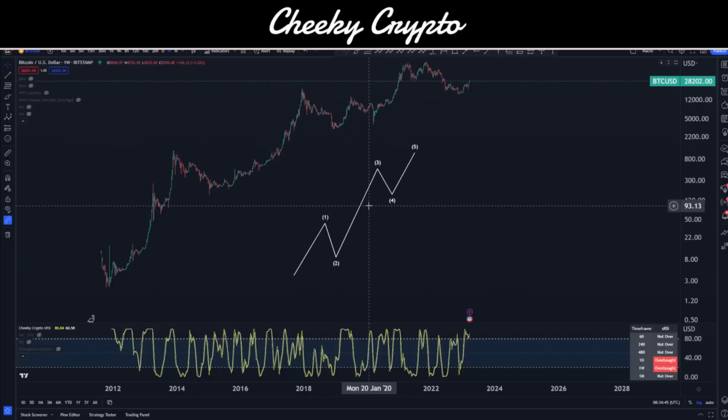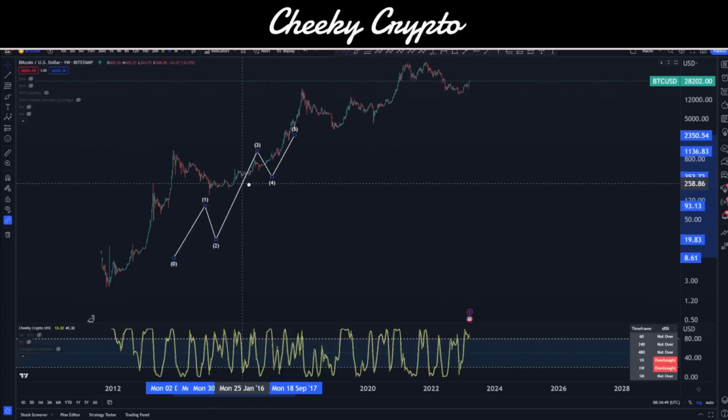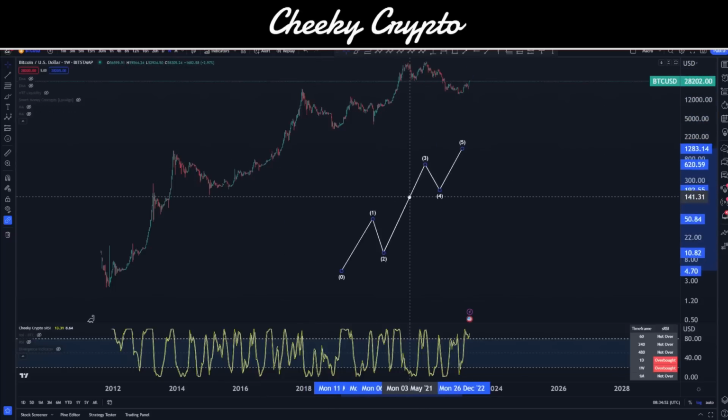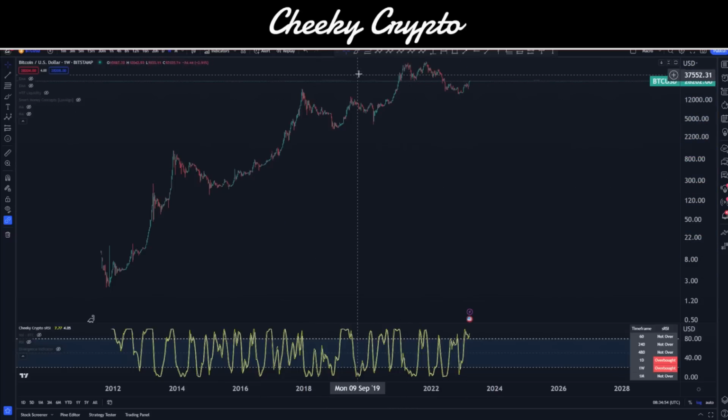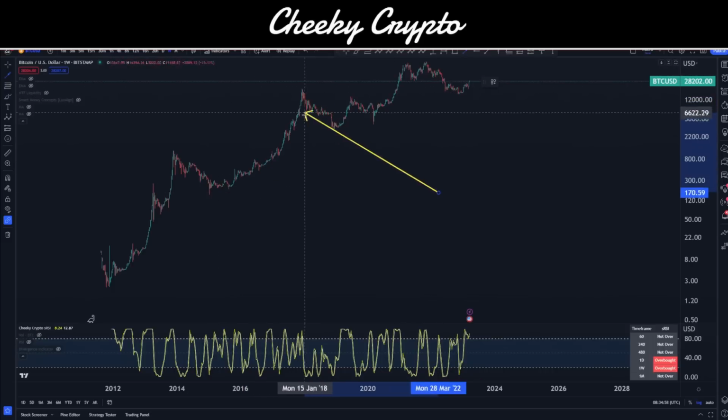So we have this idea of a 5-wave structure. And it just so happens that this can fit into a lot of these different areas on this chart. However, we have to consider, if we want this to be our wave 3, it has to be 1.618 times our wave 1. And if we want this to be a wave 5, then obviously it's going to be between 1.236 and 1.618 on the fib levels.